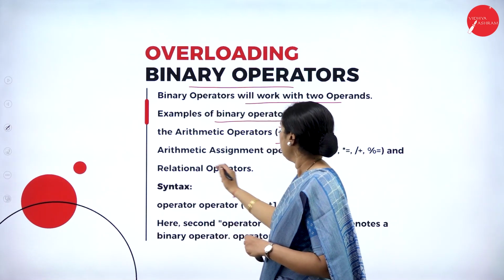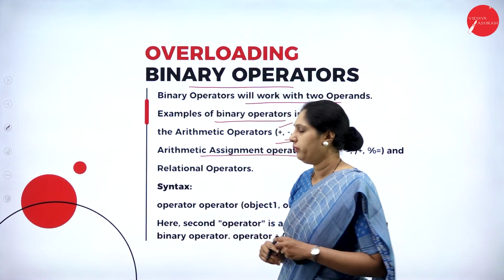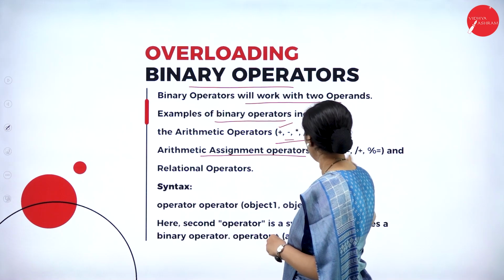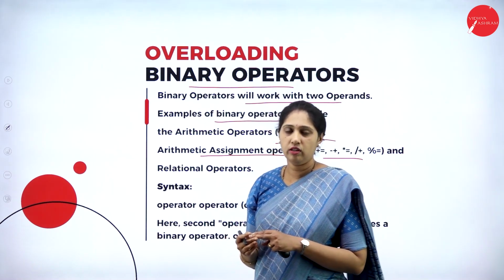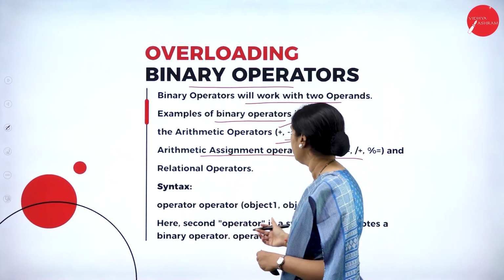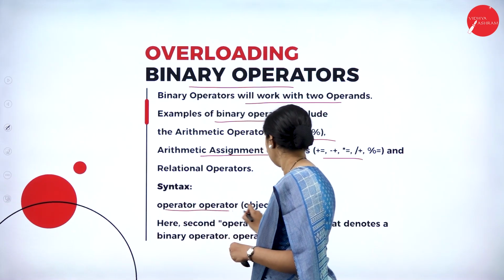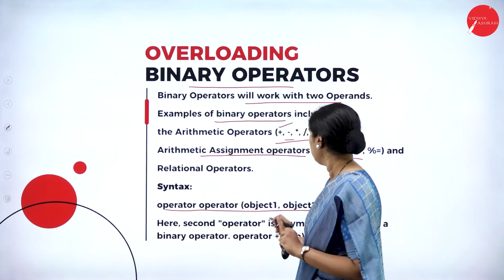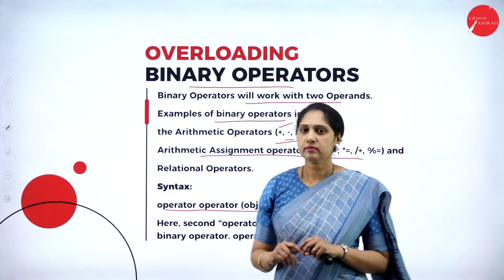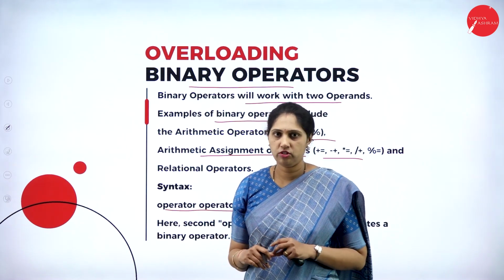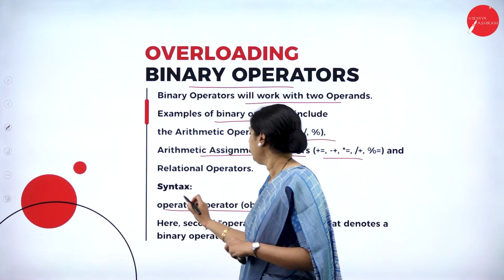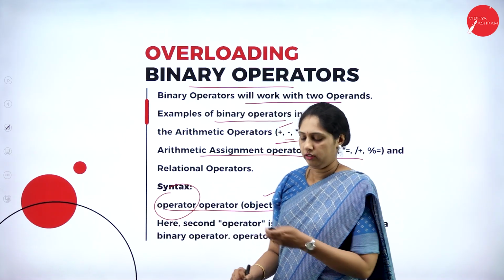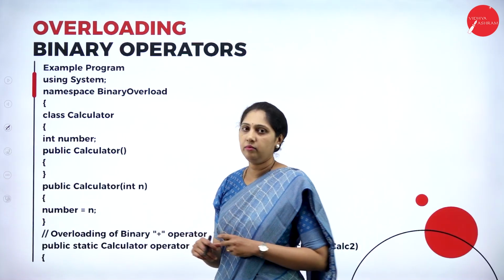Next, these are all arithmetic assignment operators, like plus equal, into equal. What is the syntax for it? Binary means two operands, so we have taken two objects. Here we'll work with the objects. Next, the operator keyword.